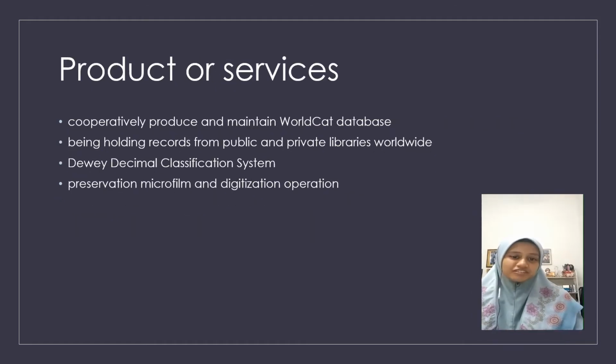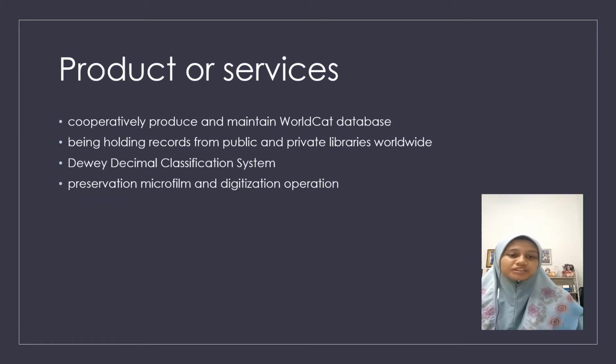Okay, product or service. As we know, OCLC provides bibliographic and full text access to anyone. OCLC and its member libraries agreed to maintain the WorldCat database. This OCLC online union catalog is the largest online public access catalog in the world.